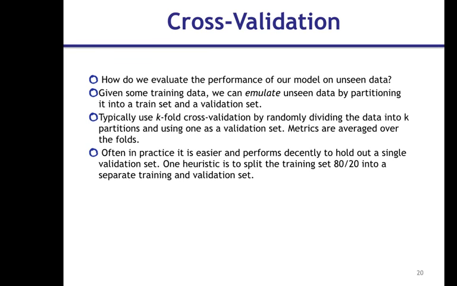So one could divide it into k divisions and train on k-1 and validate the results on the kth, and you could do that across all folds and average, but usually it's sufficient to have just an 80-20 split and train on 80 and use the 20% of the data for validation.